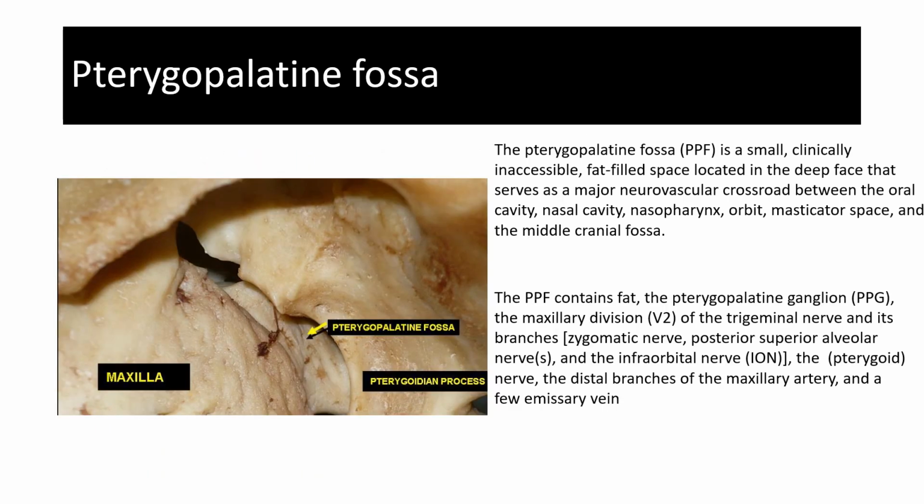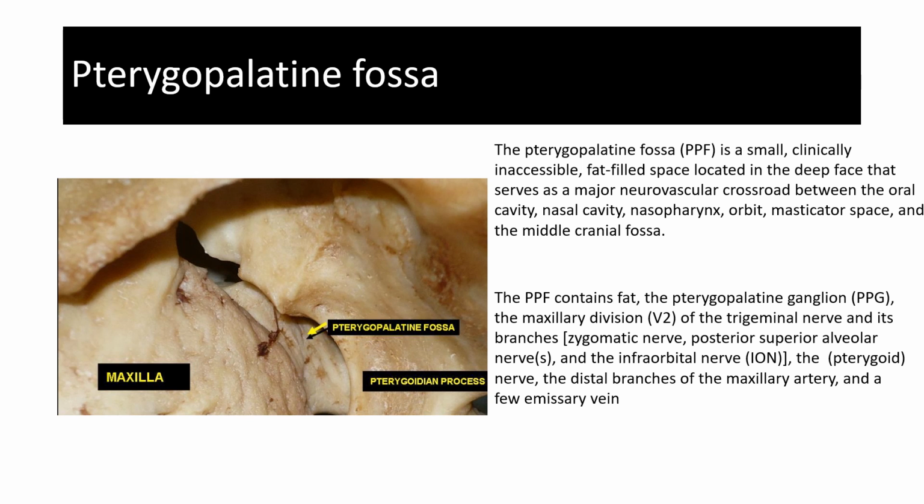Next is the pterygopalatine fossa. It is a small, clinically inaccessible, fat-filled space located in the deep face that serves as a major neurovascular crossroad between the oral cavity, nasal cavity, nasopharynx, orbit, masticator space, and the middle cranial fossa.